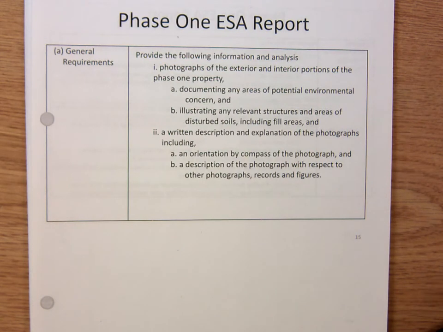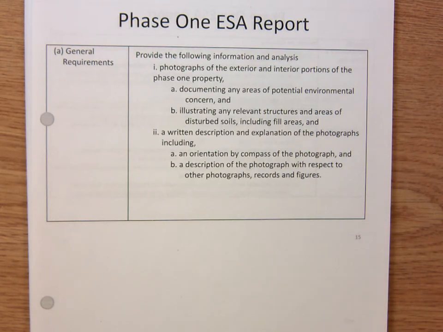You document any area of potential environmental concern, and you illustrate any relevant structures and areas of disturbed soils, including fill areas. You also prepare a written description and explanation of the photographs, including the orientation by compass of the photograph, or describe the photograph with respect to other photographs, records, and figures.